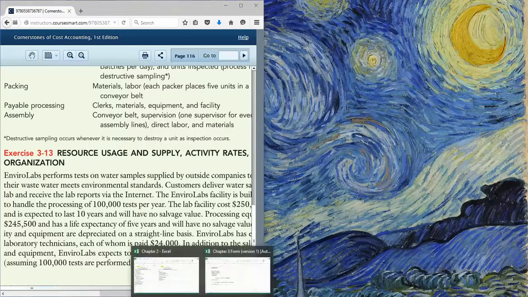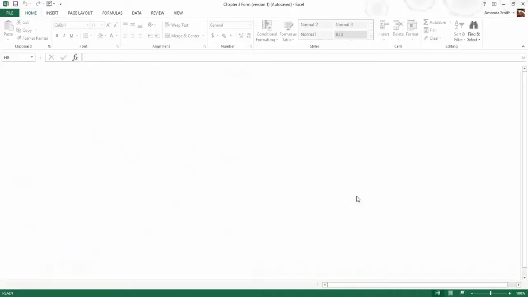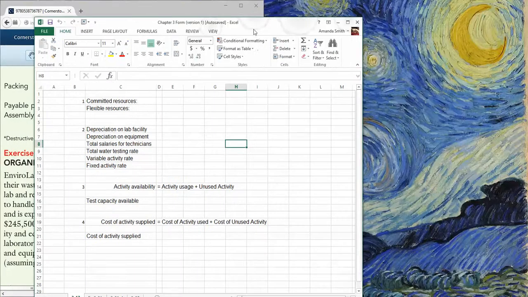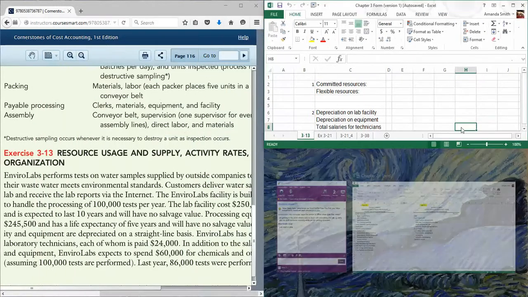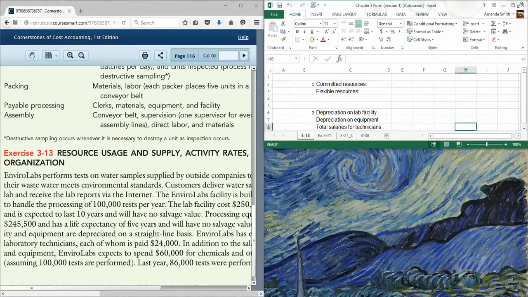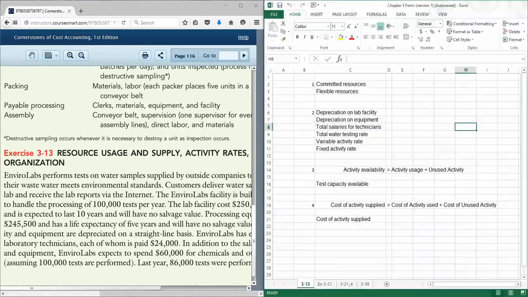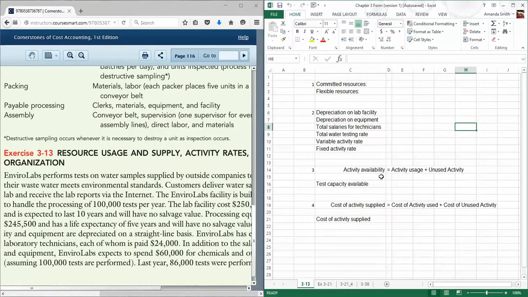So let's go to the file that we're given. And so it actually tells us what we need. So for this first part, here we go, let me get my computer where I needed it. Sorry about that. Okay, so depreciation on lab facility.